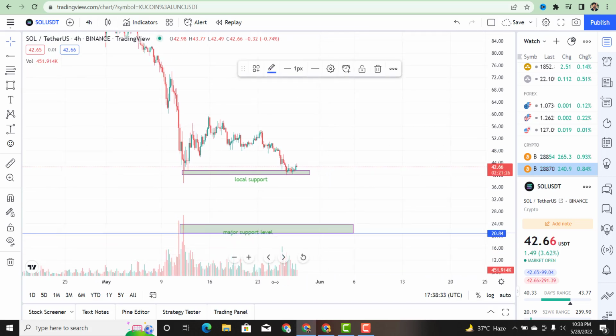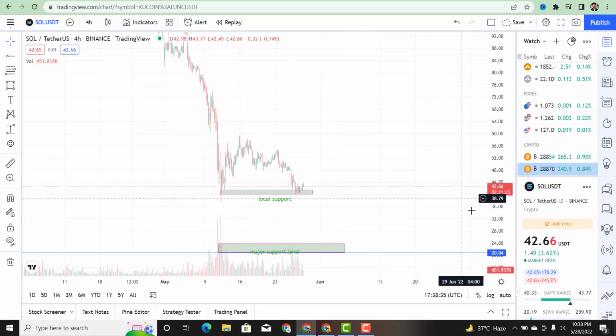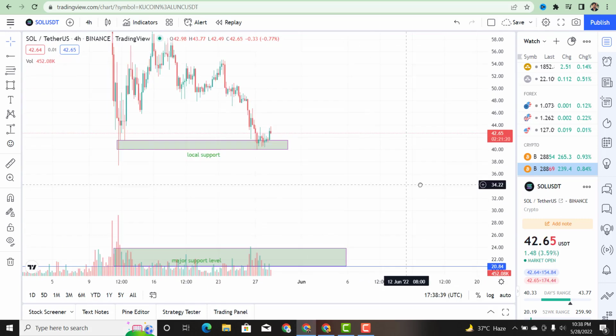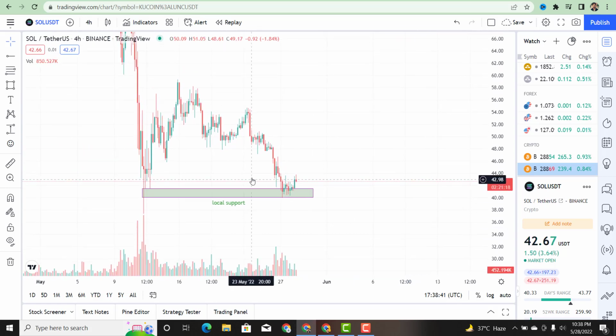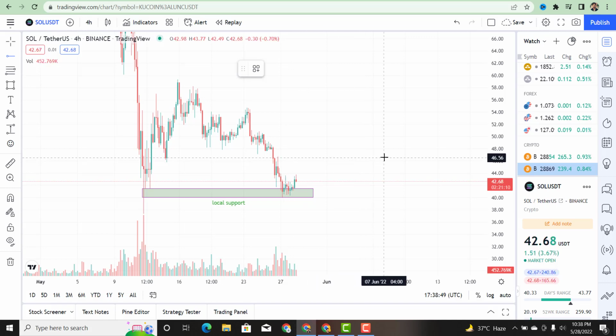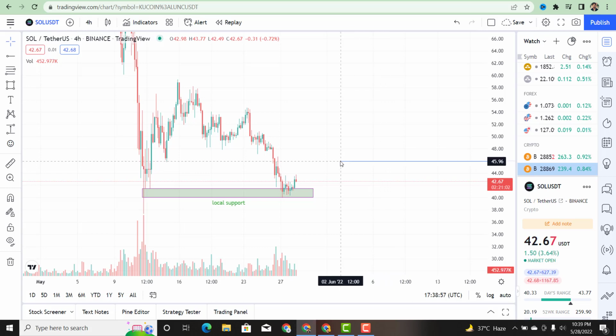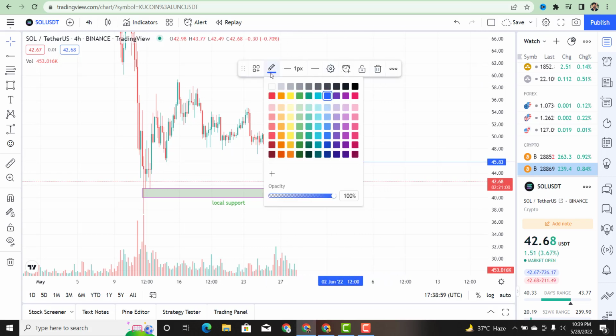And so what would be the targets if you were looking at this place? If, for example, you open a position here, what are your targets? We just go for the ranges. So let's just go for the range. That would be the range high, as well as some resistance. So that's your target 1, I would say.